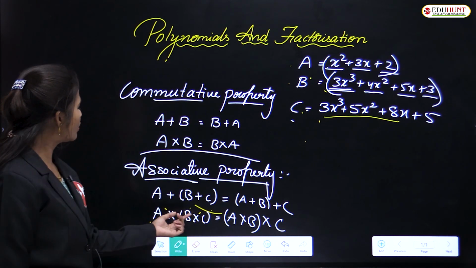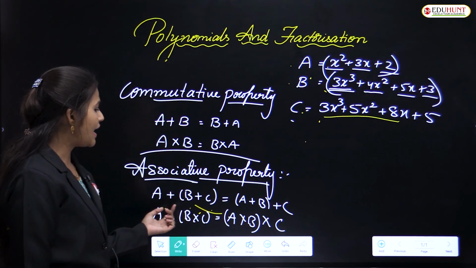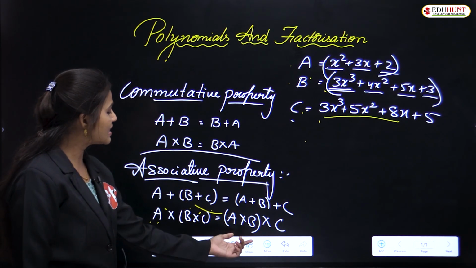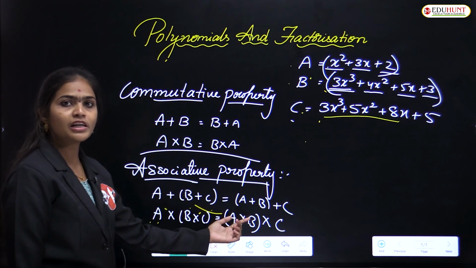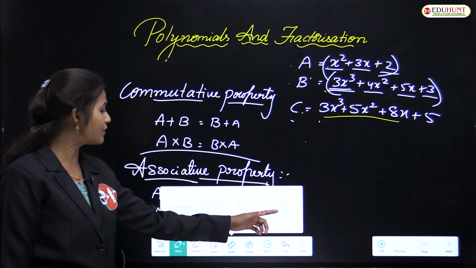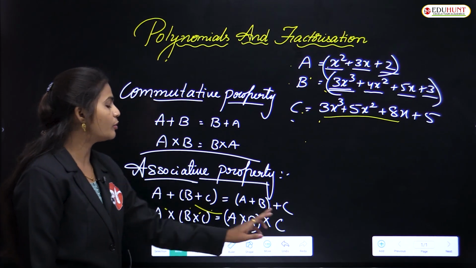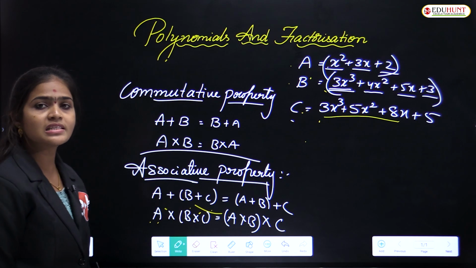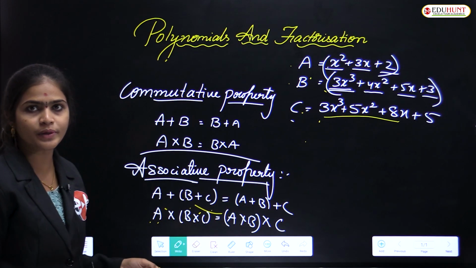So first you can multiply b and c, and after that the resultant you have to multiply with a also. And in the same way here, first you can multiply a and b, and after that the resultant you have to multiply with c, then also you will get the same result. Okay, so this is about the associative property.